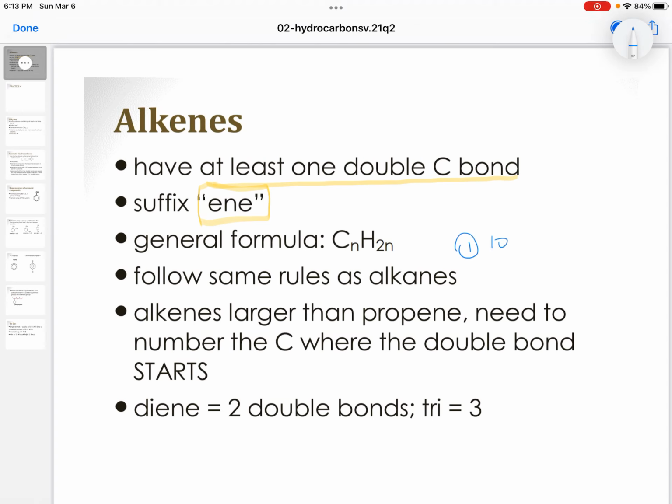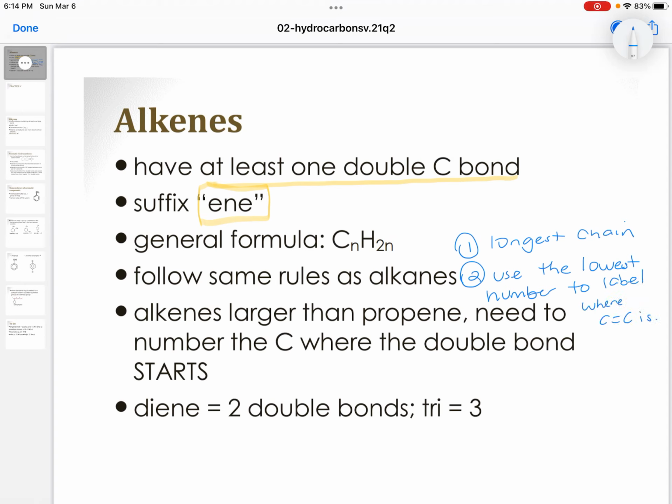So number 1, longest chain. And then number 2, you're going to use the lowest number to label where the double bond is.